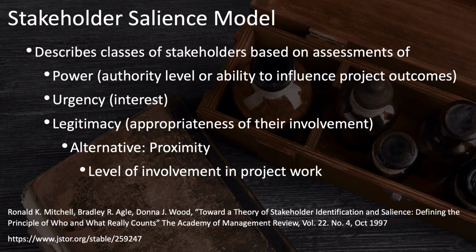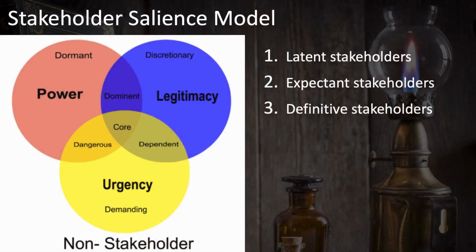As with the other stakeholder analysis models, the salience model helps you to analyze, categorize, prioritize, and plan engagement strategies for your project stakeholders. In the salience model, these three different parameters or variables are mapped into this sort of Venn diagram of power, legitimacy, and urgency overlapping like this.